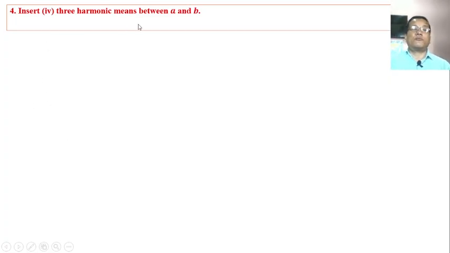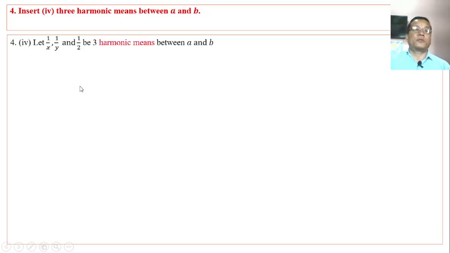Insert 3 harmonic means between a and b. Let 1 by x, 1 by y and 1 by z be the harmonic means between these two numbers.